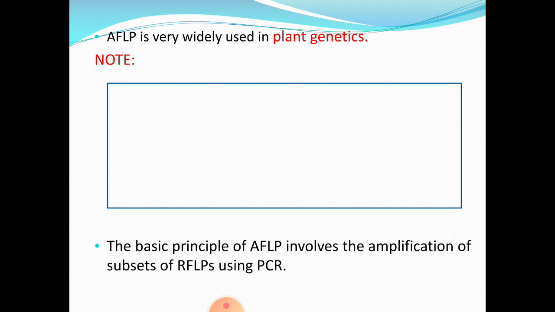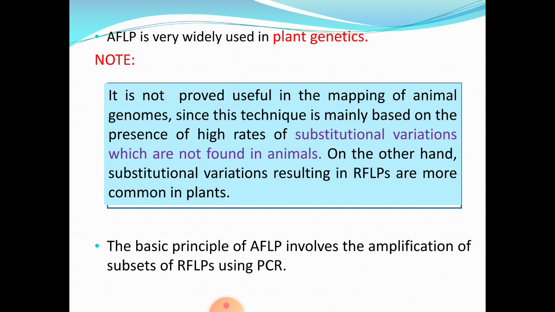AFLP is widely used in plant genetics rather than animal genetics. I'll let you know why. Normally AFLP is not used for mapping animal genomes because this technique is mainly based on the presence of high rates of substitutional variations, which are not found in animals.